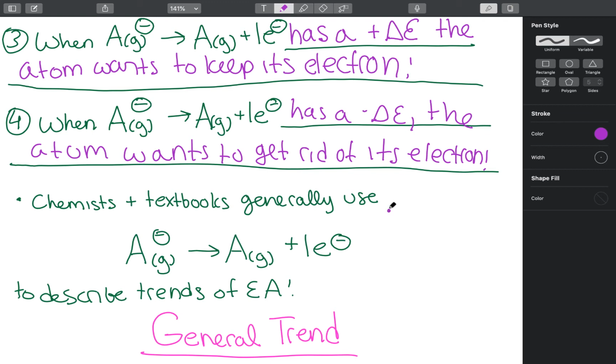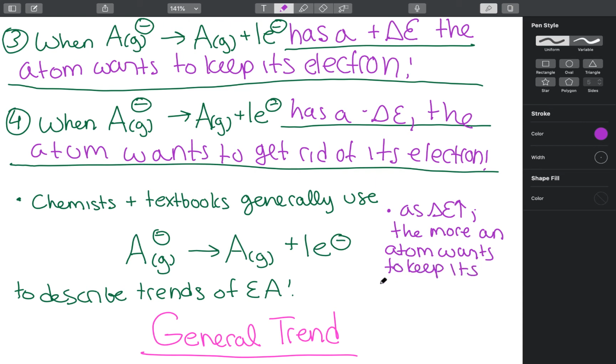So the thing to know is that as delta E increases for this process, the more an atom wants to keep its electron. And this is the important form of electron affinity that you need to know in order to describe the trends associated with it on the periodic table.